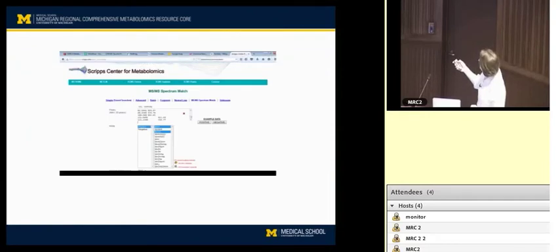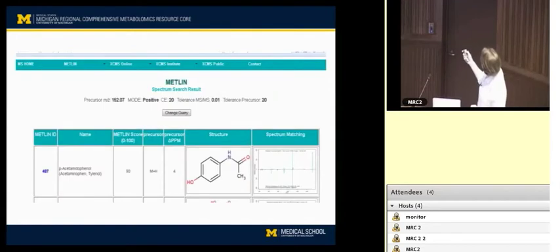And then you'll try to do a database match, and that's based on usually similarity to a spectrum that's been stored in that database. So somebody has taken a spectrum of this authentic compound, uploaded it to this database, and then how similar is my spectrum to the spectrum that's in the database.